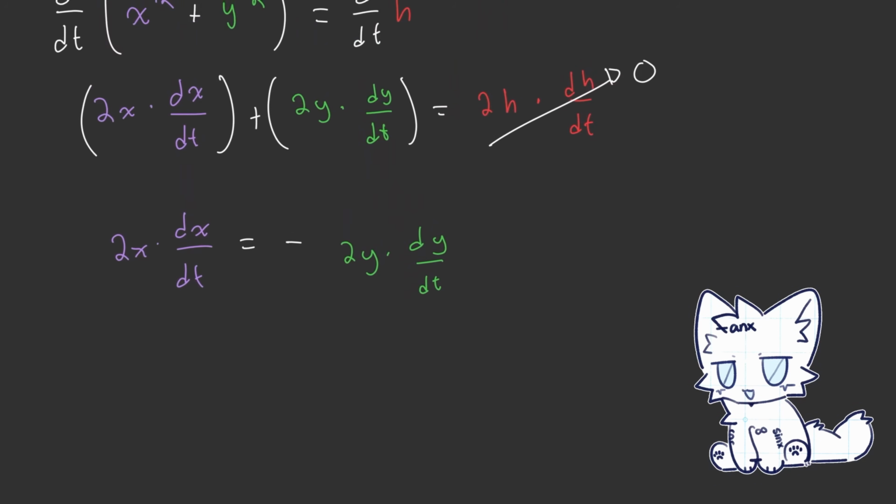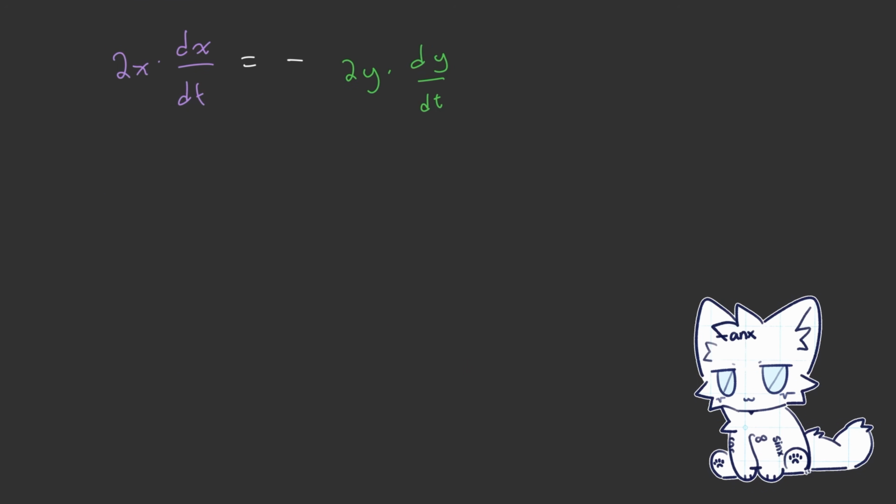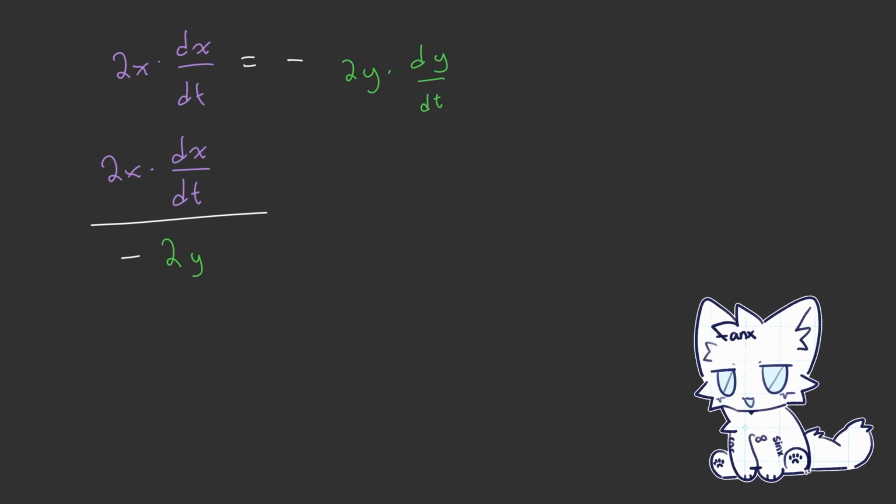Because we have all these other variables, it's just as simple as solving for this variable. So then we get 2x dx/dt over negative 2y. Okay, I lied earlier, but we don't have y. So let's find that using the Pythagorean theorem.